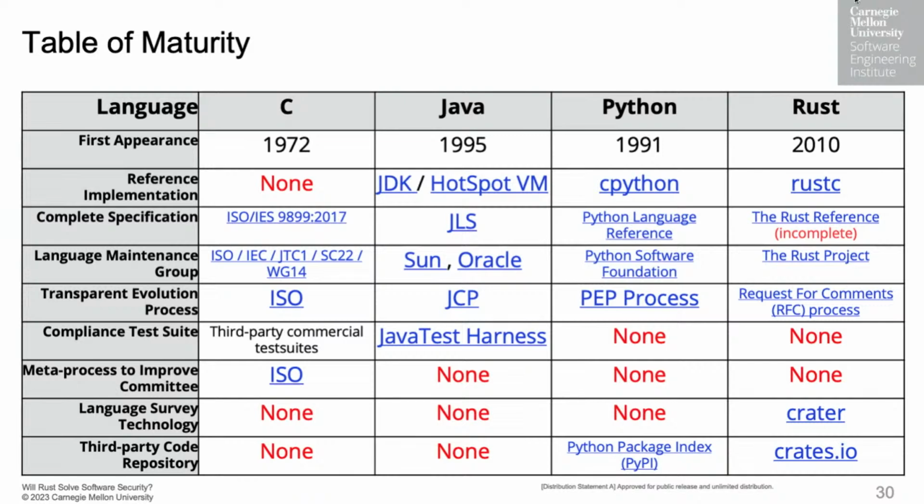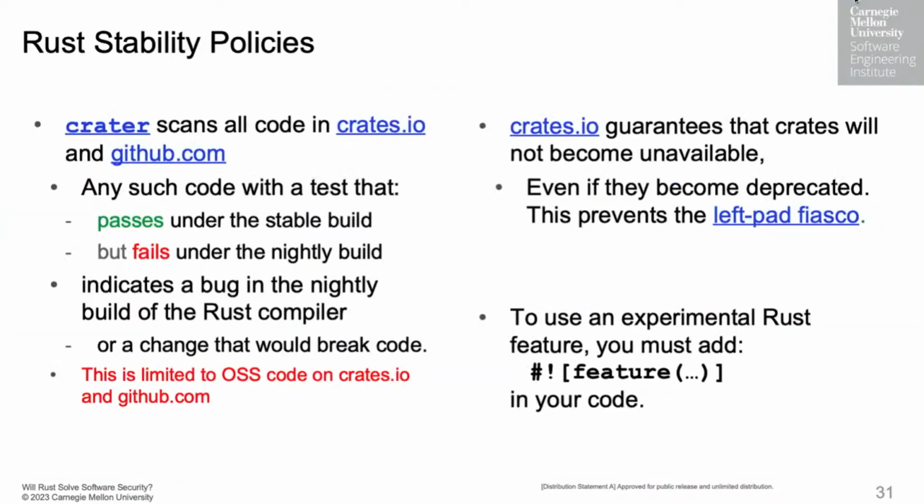But Rust also has this interesting survey technology, Crater, which I want to talk about a bit more, because what they do with it is every now and then, I'm not sure if it's nightly or weekly, it basically iterates through all of the published open source code, either on GitHub or crates.io, and it tries to build all the Rust code there and tries to run internal tests.